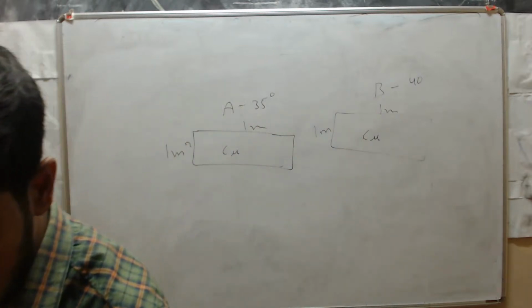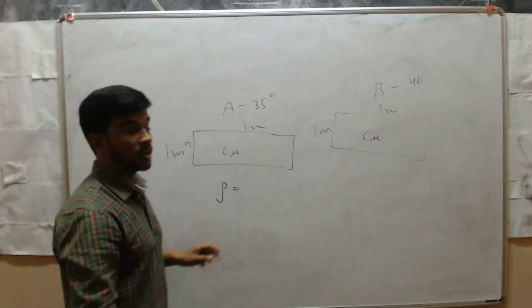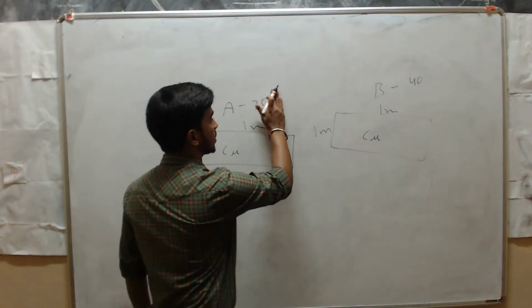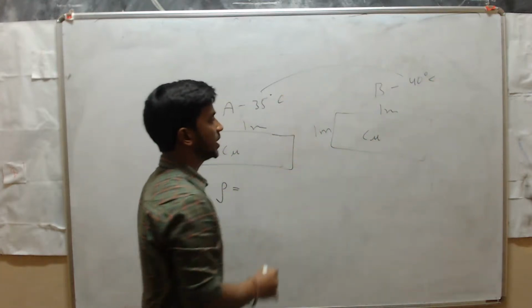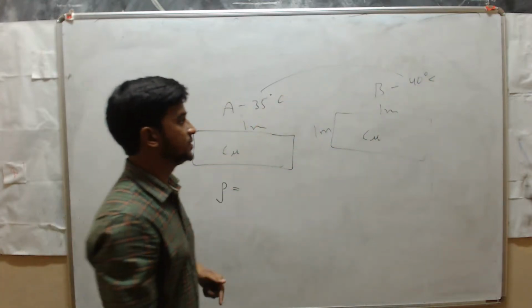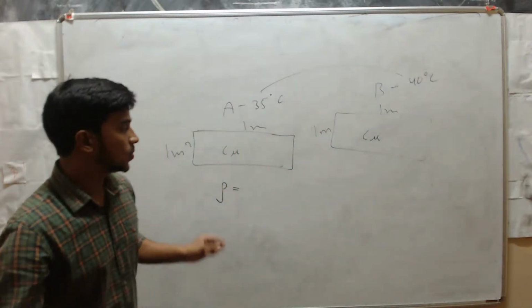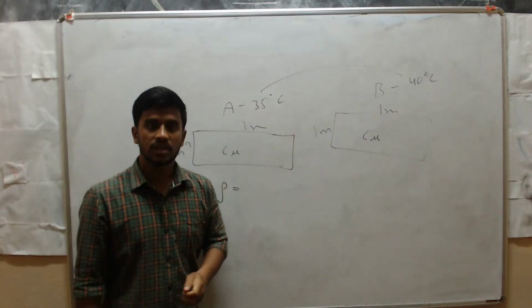While doing it here you will get some resistivity, and here also you will get some resistivity, but you won't get the same resistivity. Why? Because the temperature changed. Here the temperature is 35 degrees Celsius and here 40 degrees Celsius. So the flow of opposition is different in both rooms. Why? Because the temperature changed.